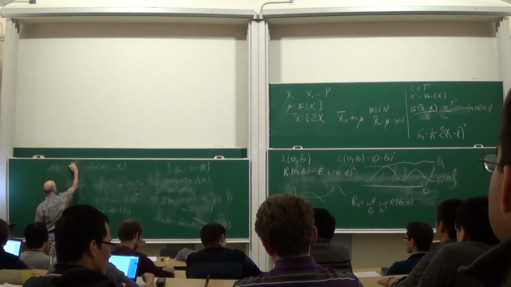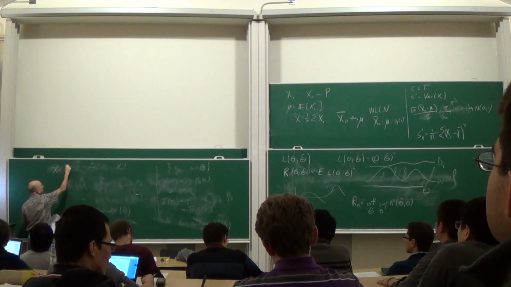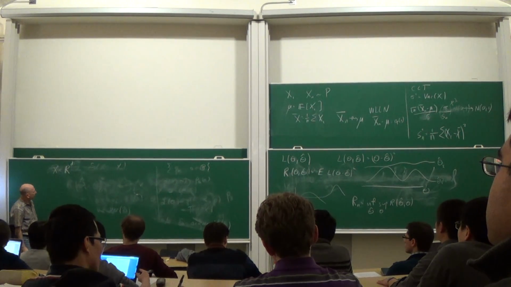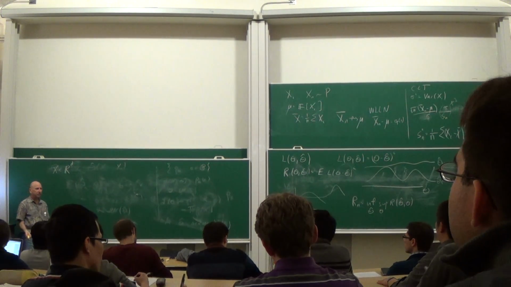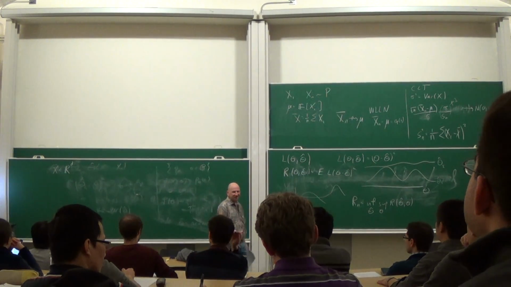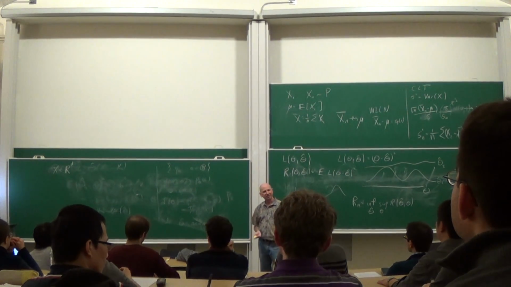So regression, remember, is this problem. I have a random vector x, let's say it's in R^p. That's usually called, in statistics, a covariate. In ML, features.